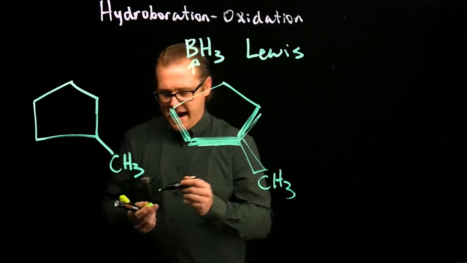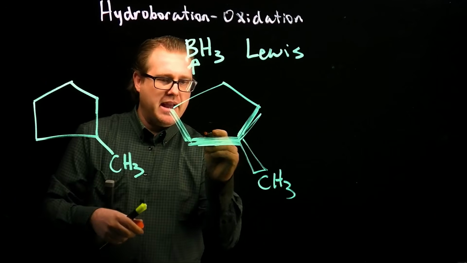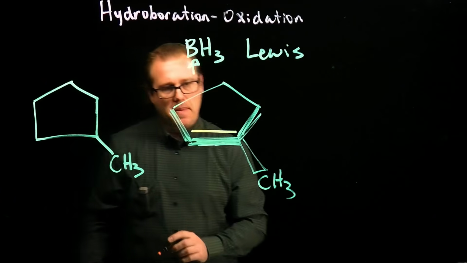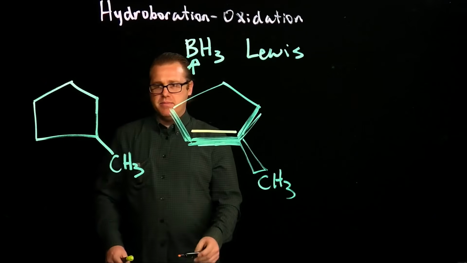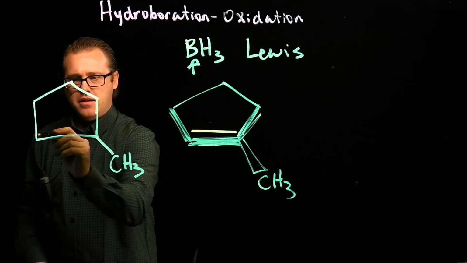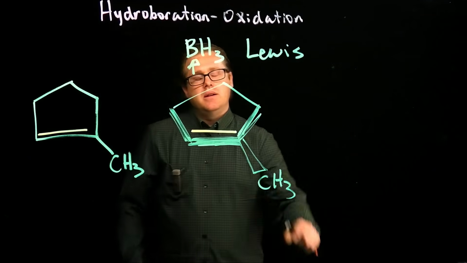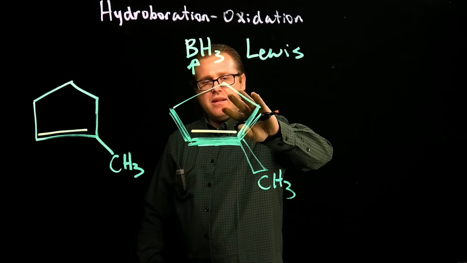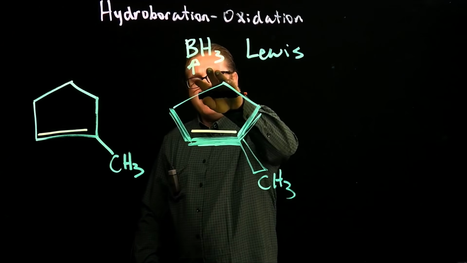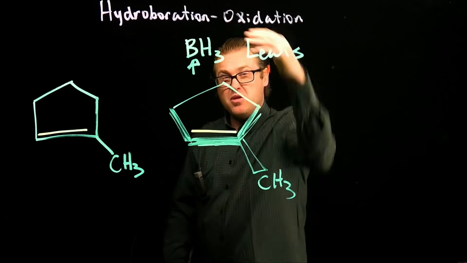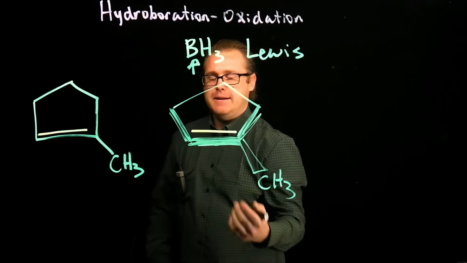Now we need to make sure that we understand that we have a double bond here, okay? Make sure there's the double bond. There we go. Now, when we look at it this way, the borane molecule can approach from the top or from underneath, okay?